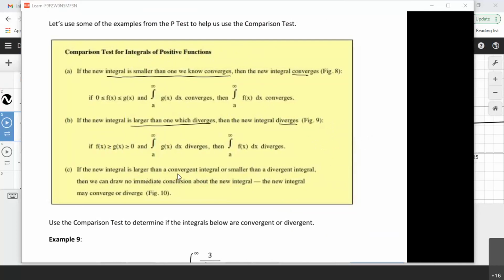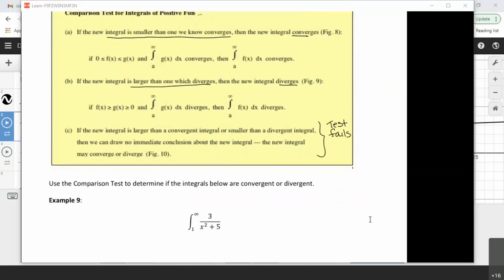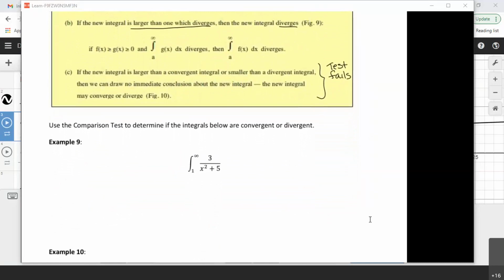And again, if it's larger than a convergent or smaller than a divergent, you can draw no conclusions. Okay, so here's where the test fails. I'll just show you one example of this since we're getting close to the end of the period. Okay, so let me look at this one. What integral could I compare this to?